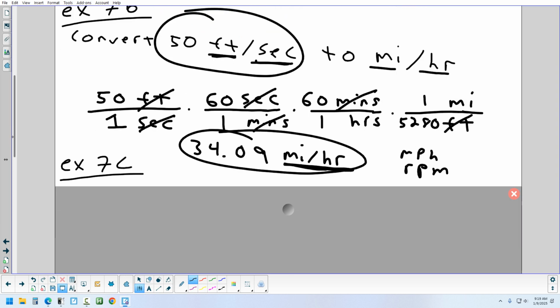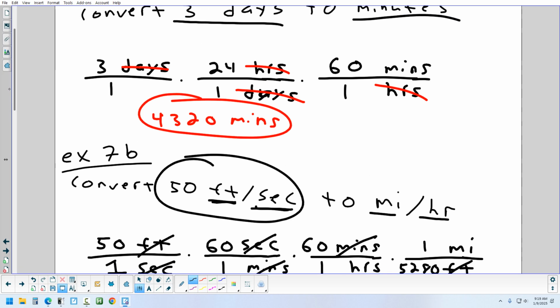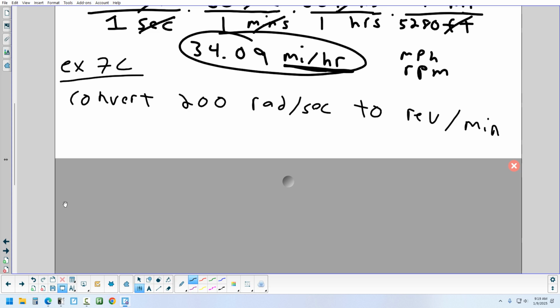All right, so now, so far we've worked with units that you should be pretty familiar with. Okay. So now let's try working with an angular speed. Okay. And this is going to use a new unit, well, at least new to us this week. Okay.